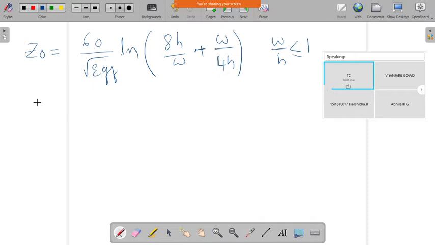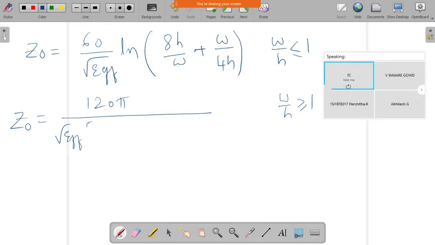Now if I have the Z0 for w by h greater than or equal to 1, then we can use this Z0, that is 120 pi divided by root effective epsilon into w by h plus 1.393 plus 0.667 into ln of w by h plus 1.444.